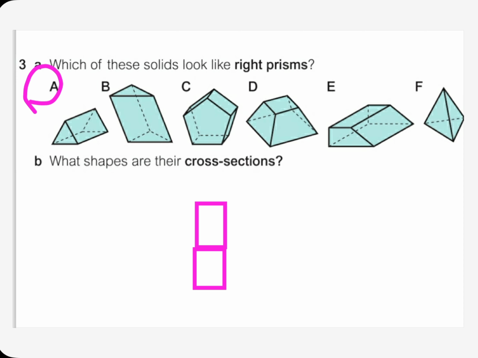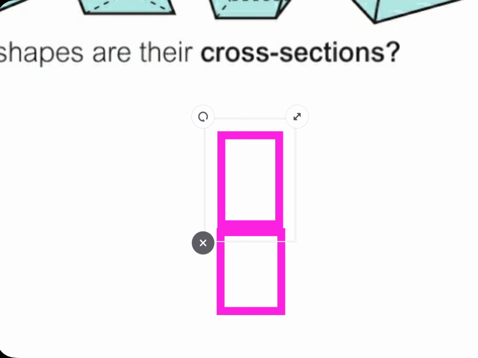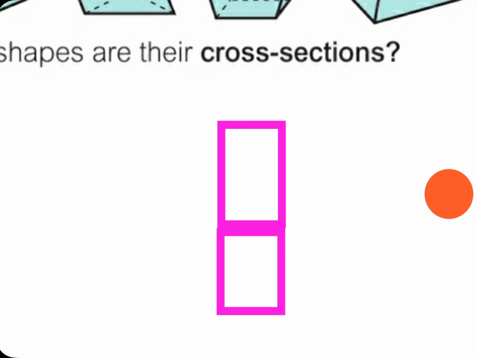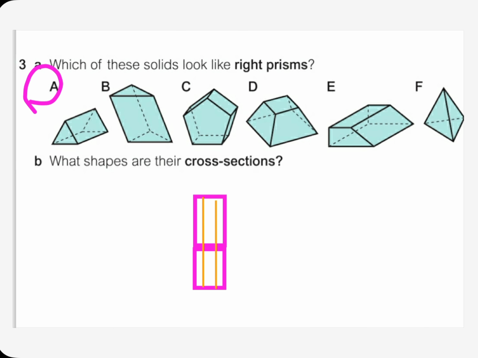I'm sorry for not being accurate, I'll try to be accurate. Okay, it's gonna look like this. So each cross section of this prism is at a right angle like this. Yes, each cross section of this prism is at a right angle. So C is a right prism.